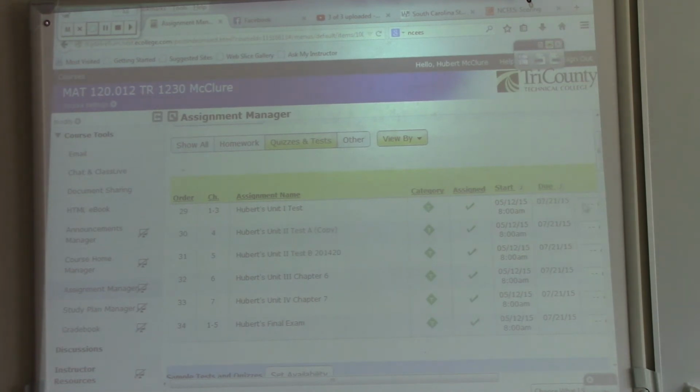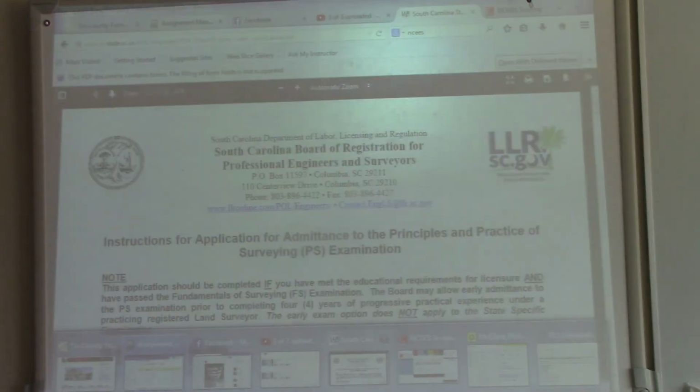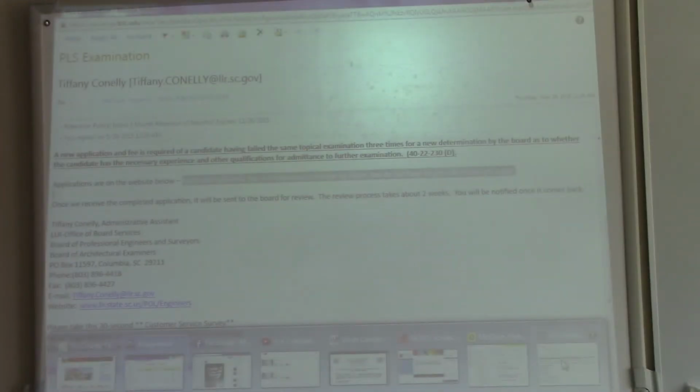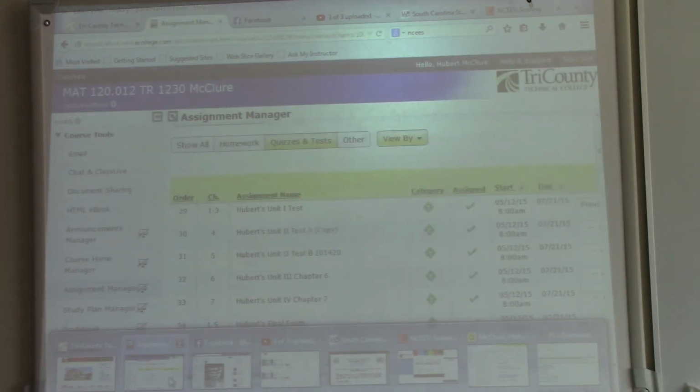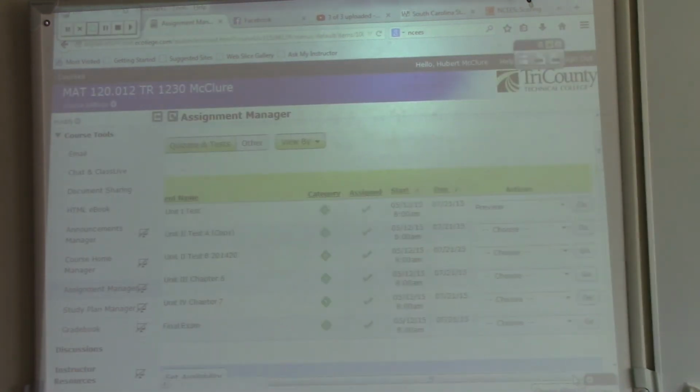And we'll just go ahead and preview it so y'all can look at it, now that we've gone over pretty much. It's already assigned, isn't it? Yeah, but I don't know about the dates. I need to check the dates. Where's the test? It was supposed to come up. Oh, did I not hit go? You gotta hit go.